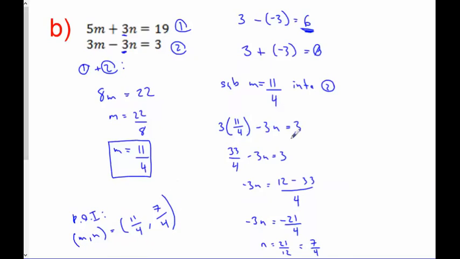Right, you might be interested in a slightly different way of solving this. And keep in mind, from here, this is just an equation that has a fraction. So we could have actually just multiplied everything by 4, right, and got rid of that fraction, which would leave me with 33 minus 12n equals 12, which would have been probably an easier way for us to get n.